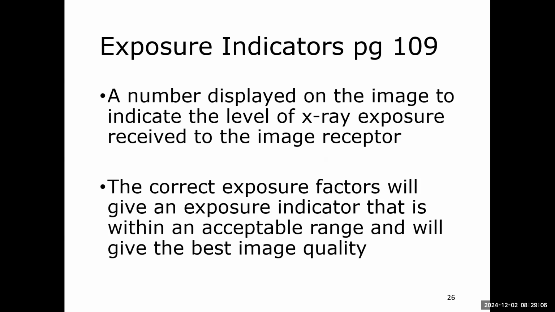It does not measure patient dose. It measures receptor exposure, not patient dose. So keep that in mind when you're thinking about your exposure indicators. If you use the correct exposure factors, then it should give you an exposure indicator that's within an acceptable range and give you the best image quality.